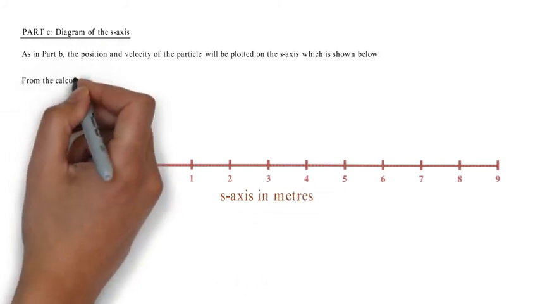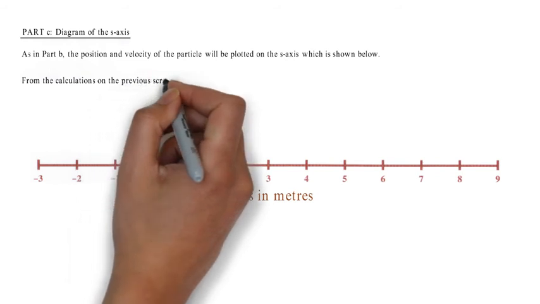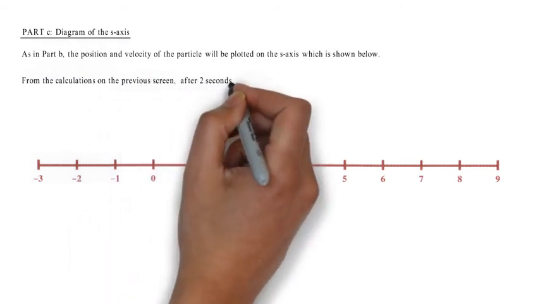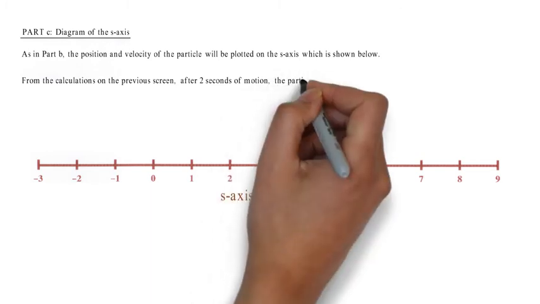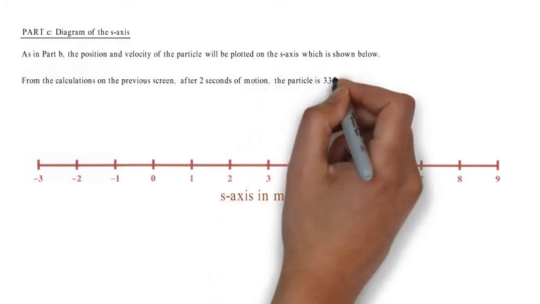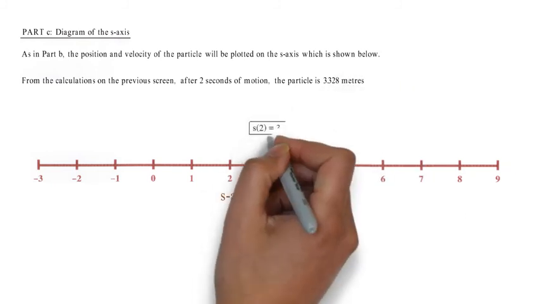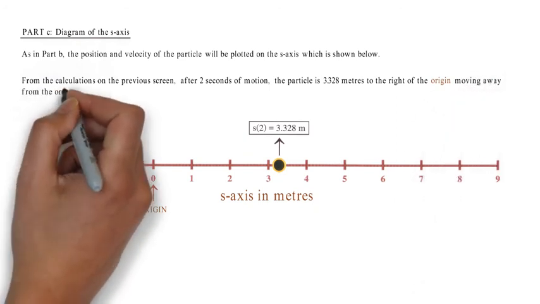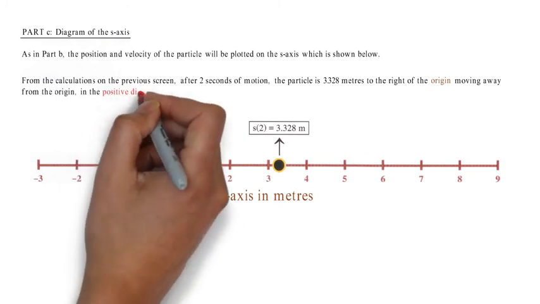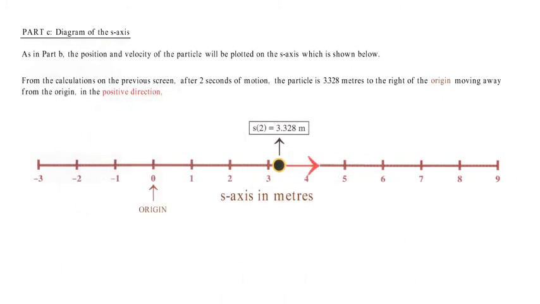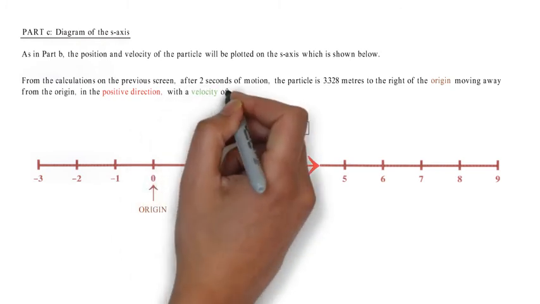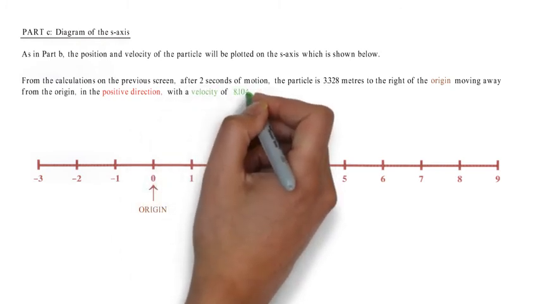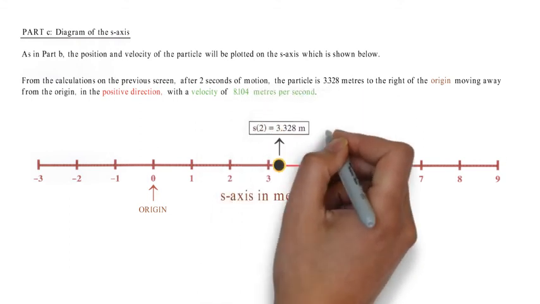From the calculations on the previous screen, after 2 seconds of motion, the particle is 3.328 meters to the right of the origin, moving away from the origin in the positive direction, with a velocity of 8.104 meters per second.